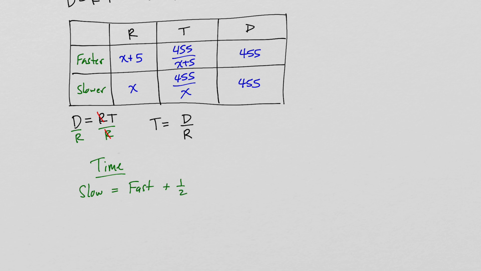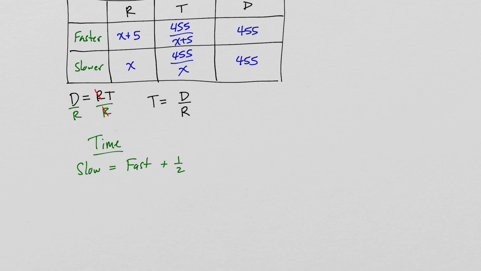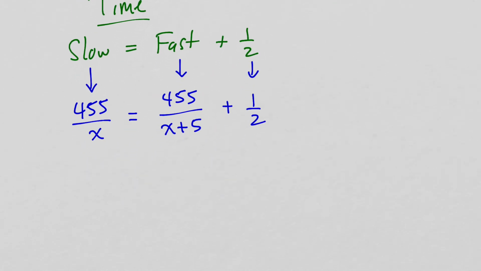However long the faster family takes to get to this place, the slower family is going to take 1/2 hour longer. So the slower family, which is 455 divided by x, must be equal to the time of the faster family, which is 455 divided by x plus 5, plus 1/2. So this is the equation that we now have to solve.